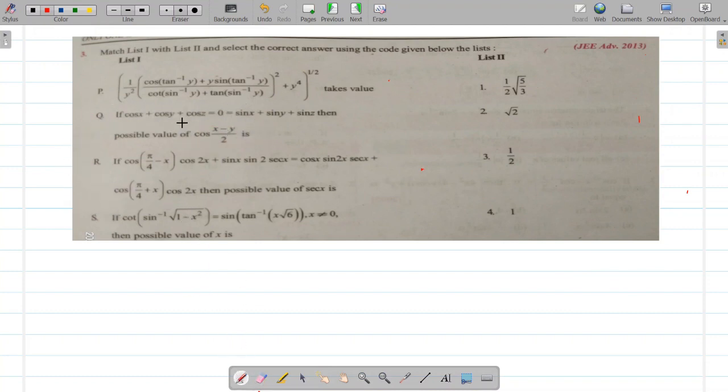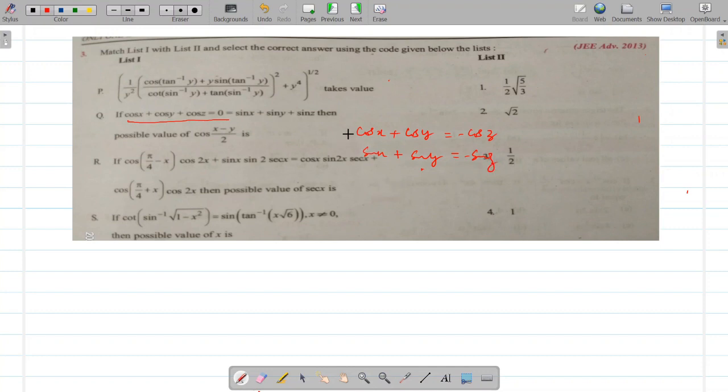So it is given that cos x plus cos y plus cos z is equal to 0. So what we can do here, we can write cos x plus cos y is equal to minus cos z. And similarly we can write sin x plus sin y is equal to minus sin z.